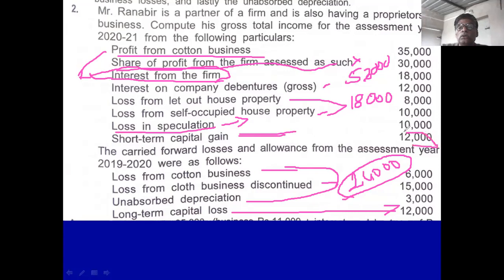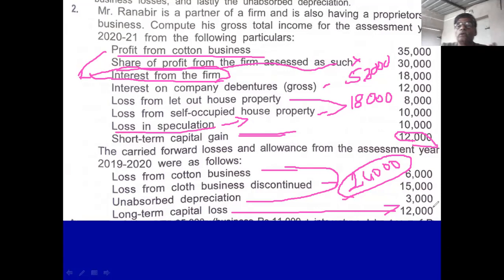This 12,000 is short-term capital gain; you adjust short-term, but not long-term. So this 12,000 long-term capital loss is not possible to set off. Therefore, it is carried forward to the next assessment year.